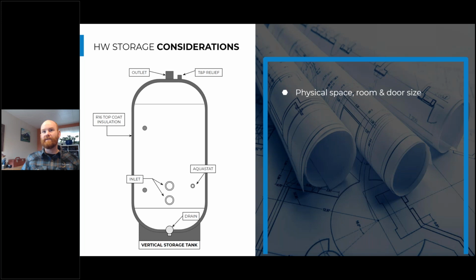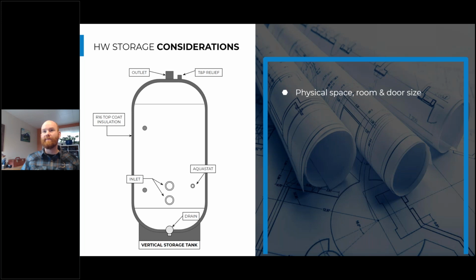So the first is physical space, the room, and the door size. This is a pretty easy one. It's a no-brainer, but I'm putting it up on the screen here because it's critical. These heat pump water heating systems, if we're trading off between heat capacity and storage, and we're prioritizing that storage, it typically takes more physical space.